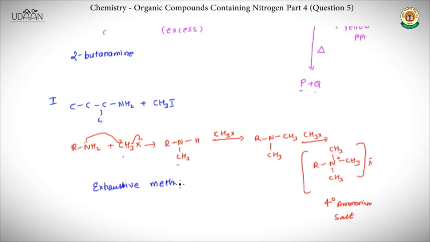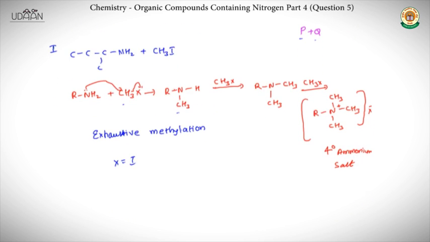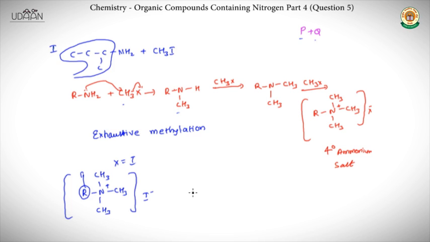For our question, our X is I. So the compound which you are going to get is R N CH3 CH3 CH3 plus I minus, and replacing R with this group you have CCCC N CH3 CH3 CH3, plus on nitrogen, I minus. Till here you are done with the first part.